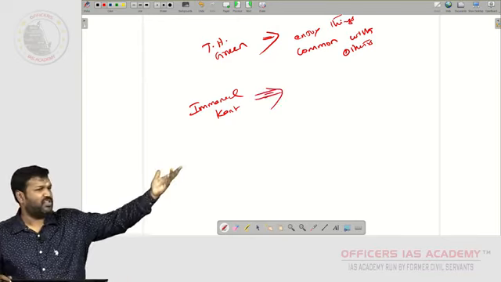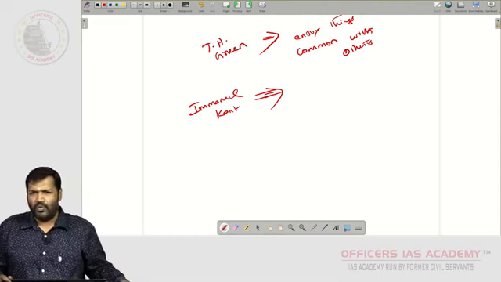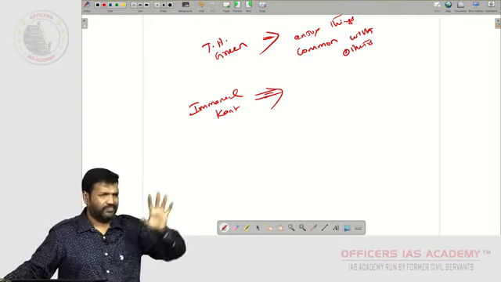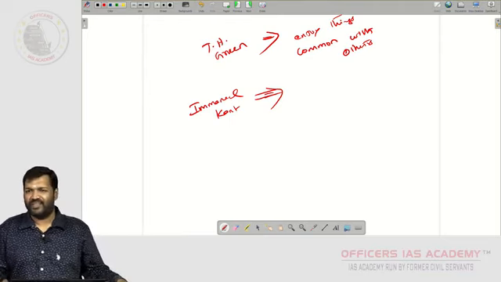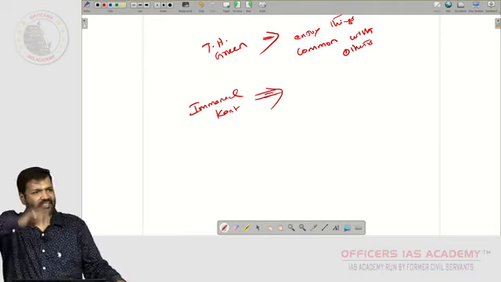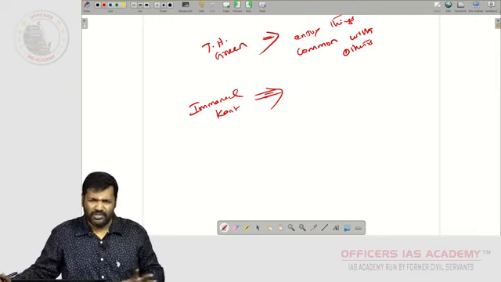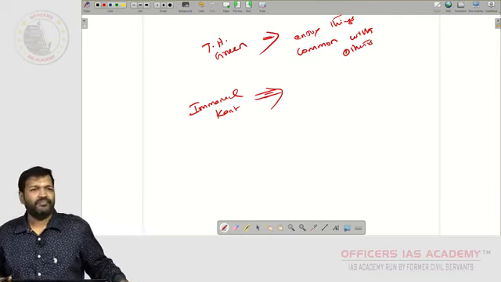Kant goes to a greater extent and beautifully explains what is freedom. Immanuel Kant says, see, every person has a higher self and a lower self. The lower self is extremely individual and self-interested, selfish.